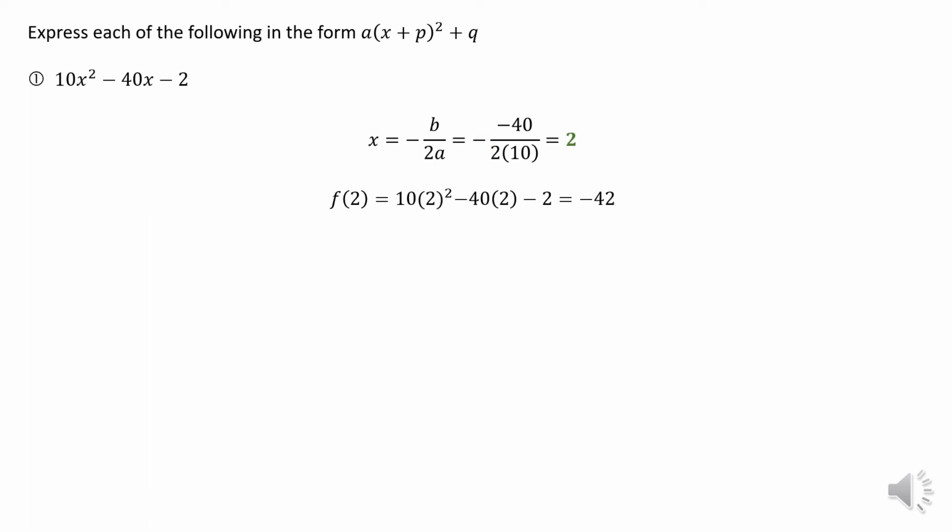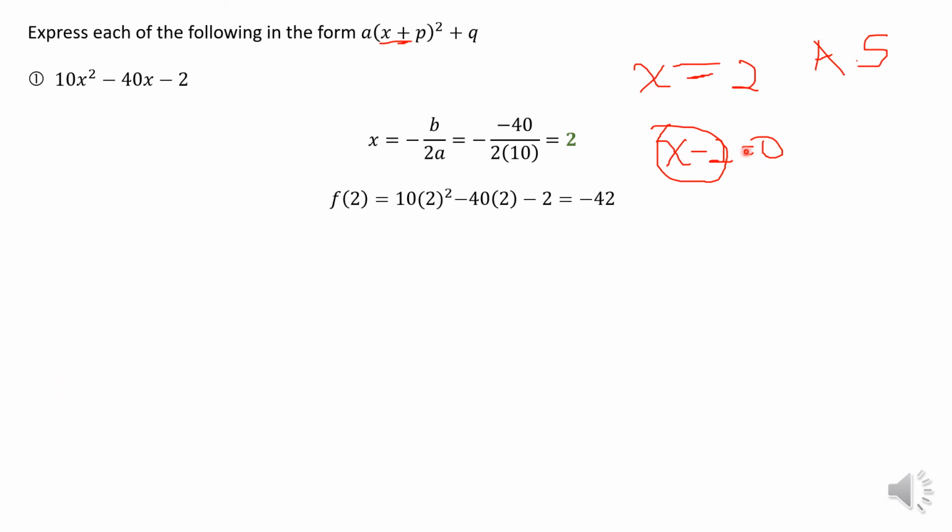So let me just write it down. The x equals 2. This is the value of the axis of symmetry. But if you go back now, you have x minus 2 equals 0, and this is what's going to come inside your function there.